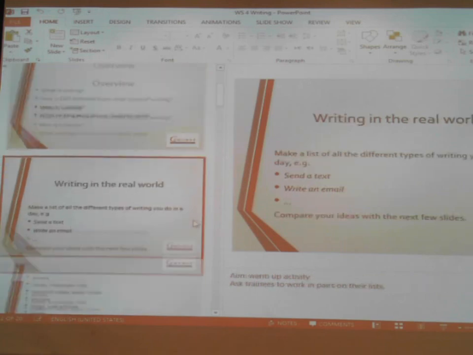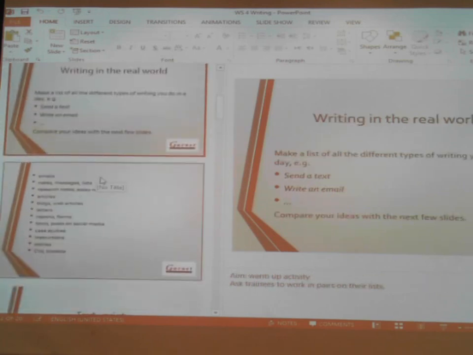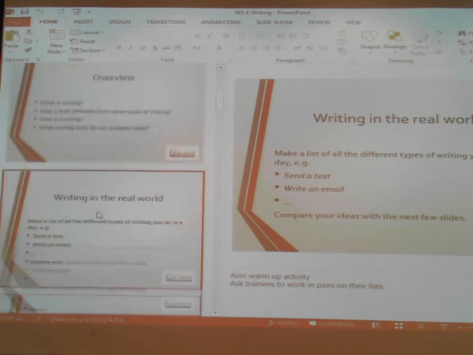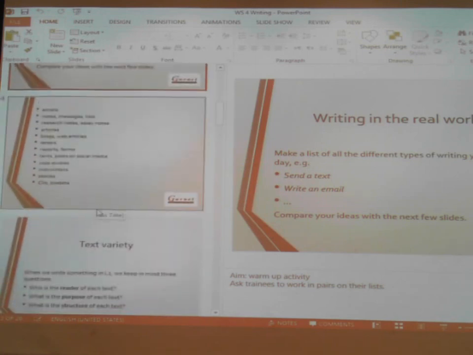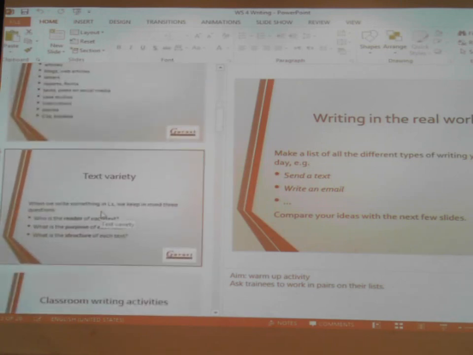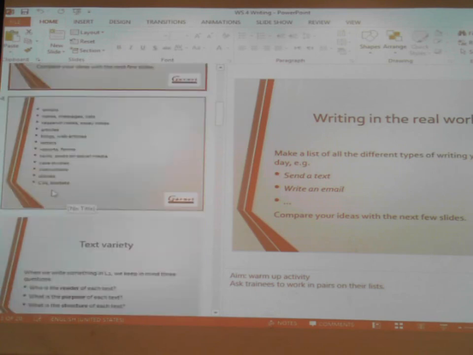In General English, you write emails, notes, when he asks you to do that. Messages, articles, letters, reports sometimes. These are writings in the real world. CVs, sometimes you write CVs and so on.